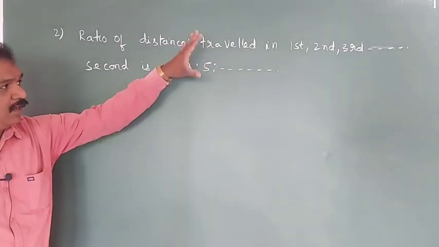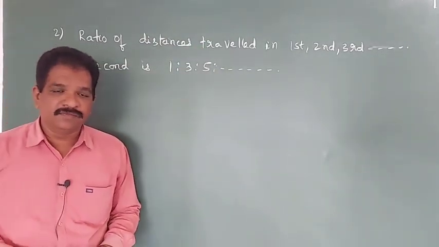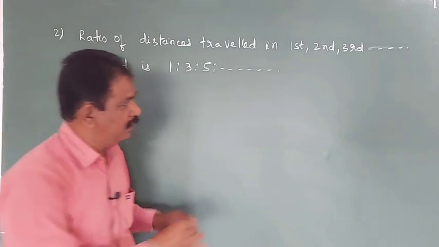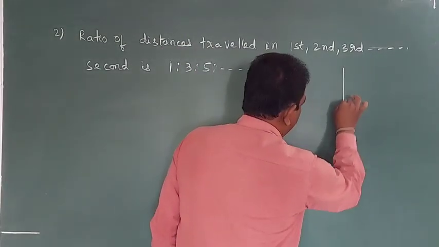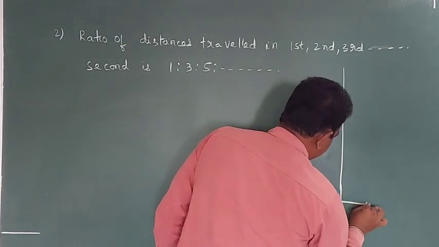So we are considering a body which is freely falling. One body is falling like this. Okay?